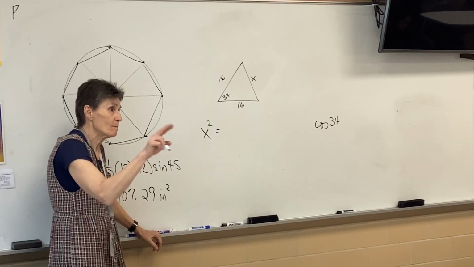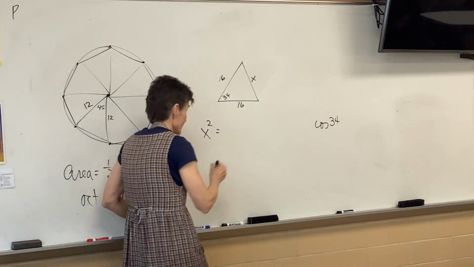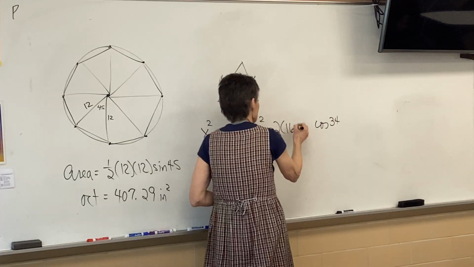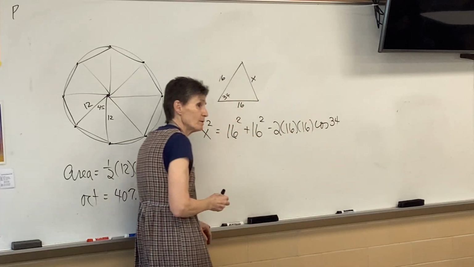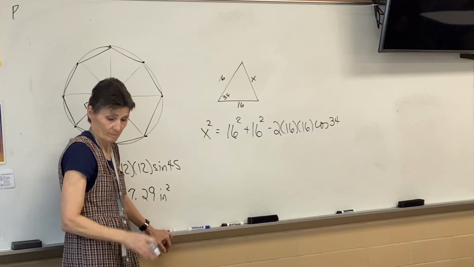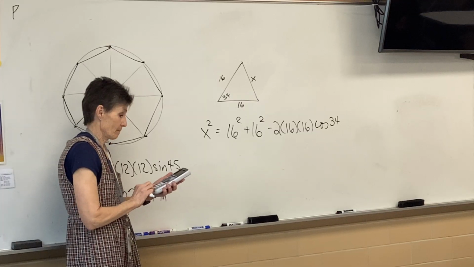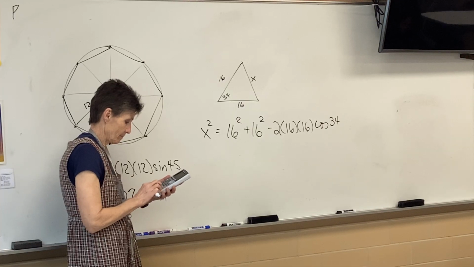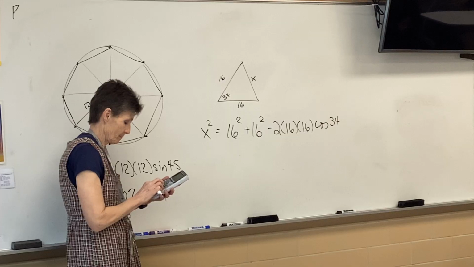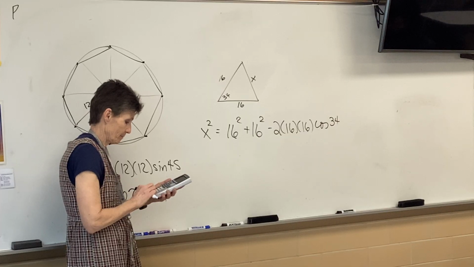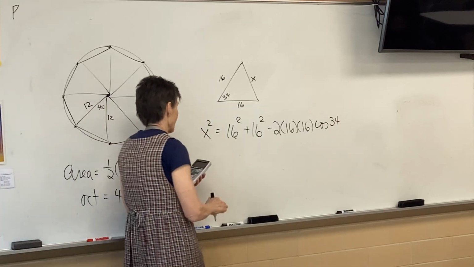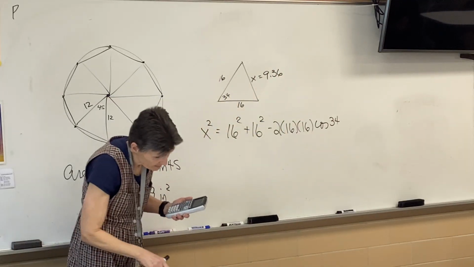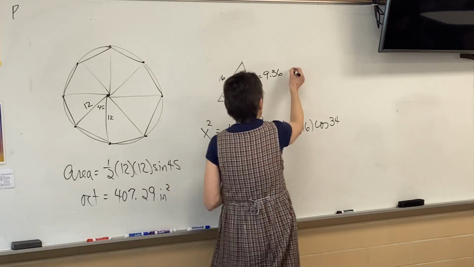And then what's going to go in the middle? 16 squared plus 16 squared minus 2 times 16 times 16 cosine 34. I got 9.36 meters or centimeters.